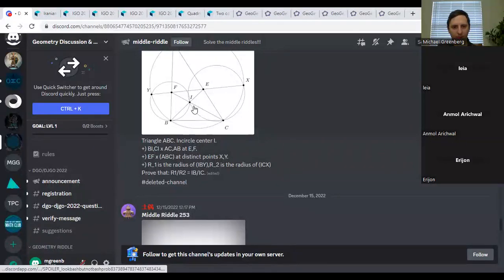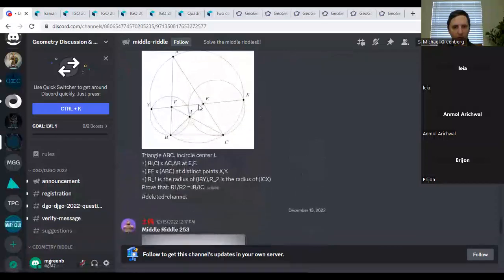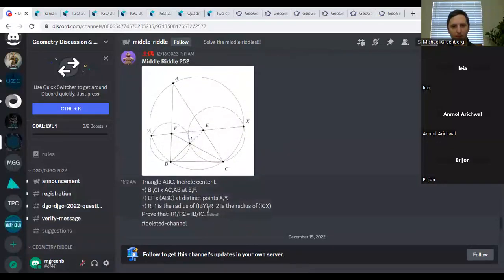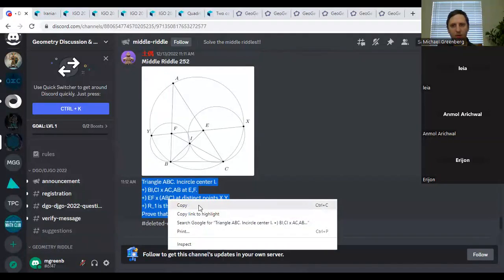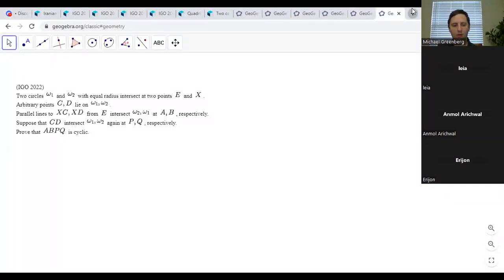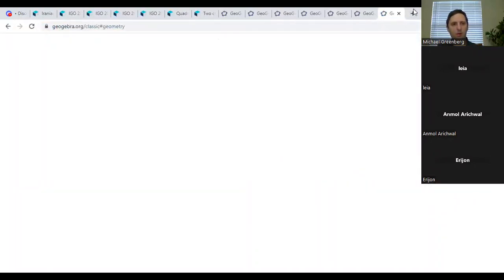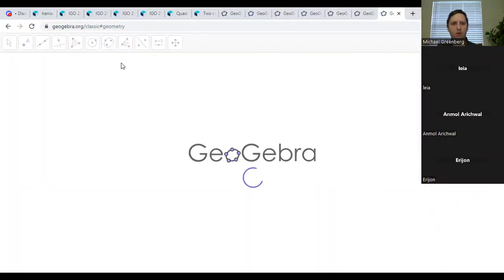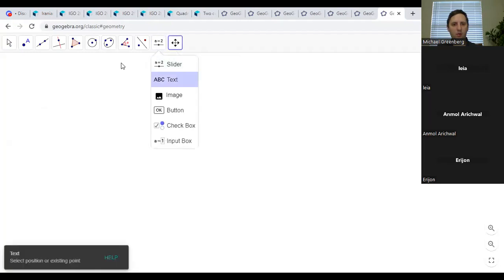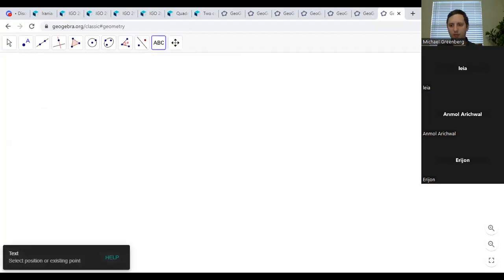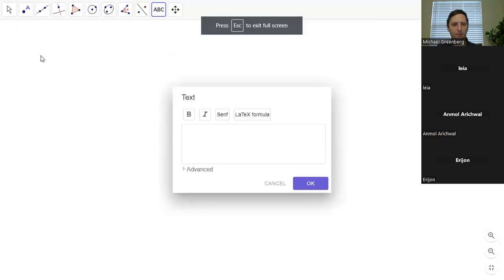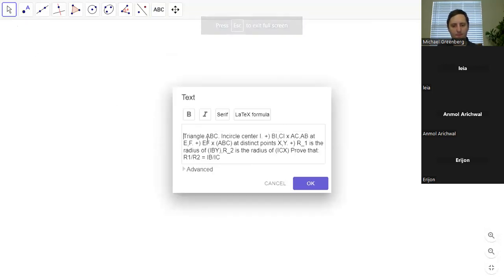This one looks kind of interesting. I'll do this one. Maximize it. I forgot what number it was. Middle riddle, Discord.